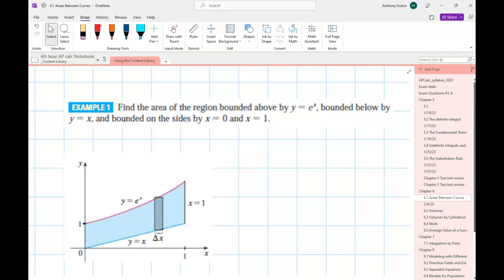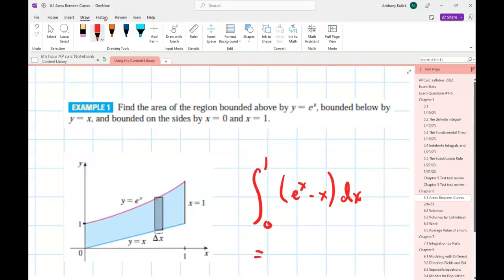Everybody's happy with that? So we're going to be integrating from 0 to 1. The heights of my rectangles are going to be e to the x minus x, and the widths of my rectangles are dx. Everybody's cool?